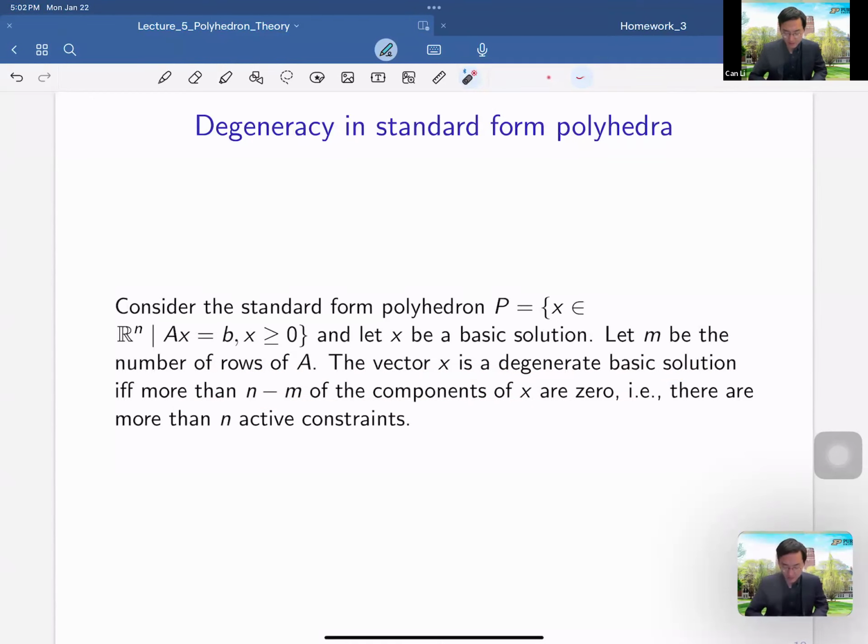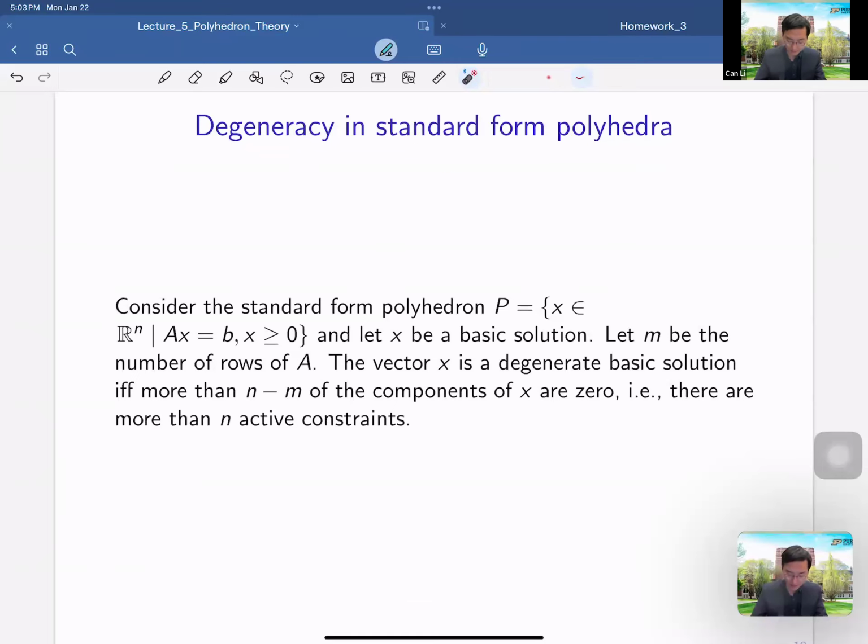Remember the definition of degeneracy is that if the vector x is n-dimensional, there are more than n linear constraints that are active. If the polyhedron is in standard form, we already have m equality constraints that must hold, and all the rest of the constraints are x greater than or equal to 0.